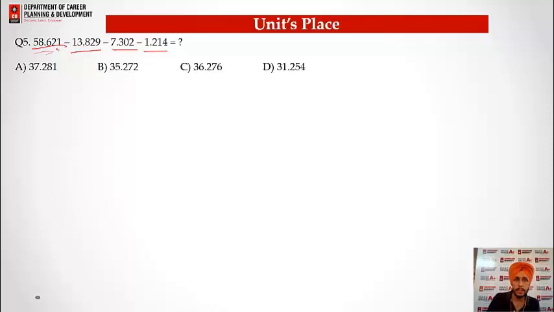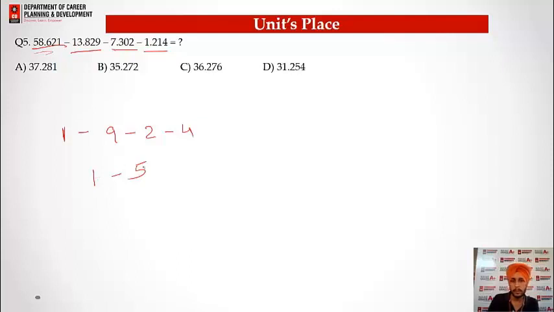So here we have the unit place of the first figure, that is 1 minus 9 minus 2 minus 4, right? So all the negative signs will be added, that is 9 plus 2 is 11, 11 is 1, 1 plus 4, that is 5, minus 1.